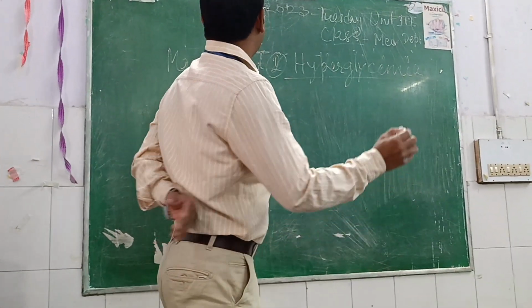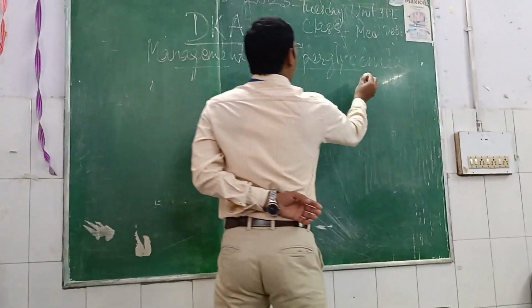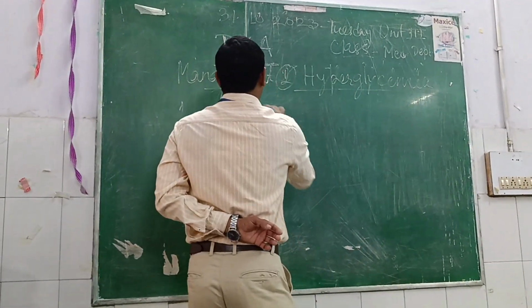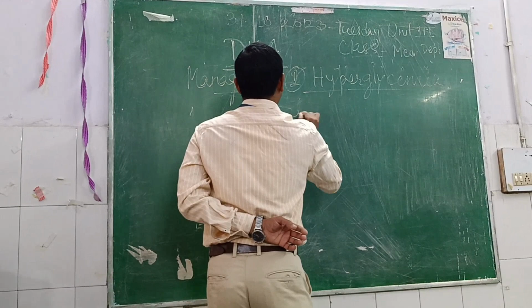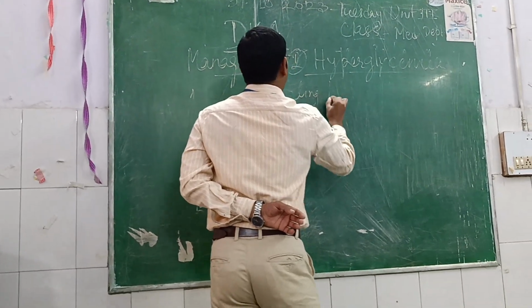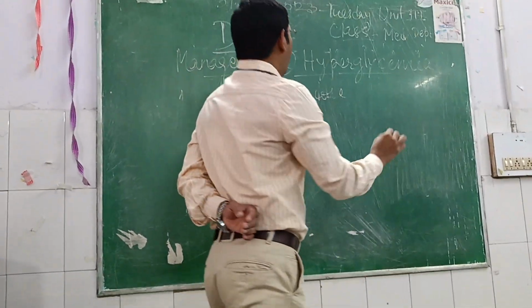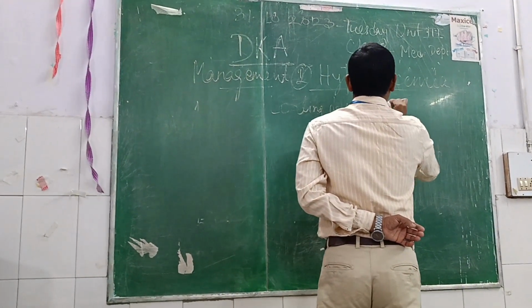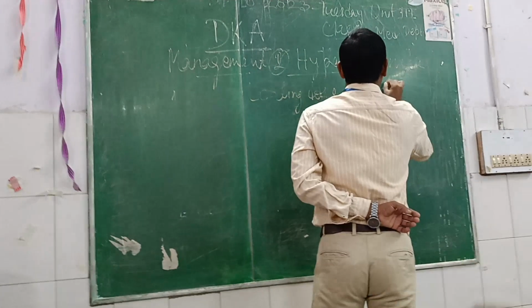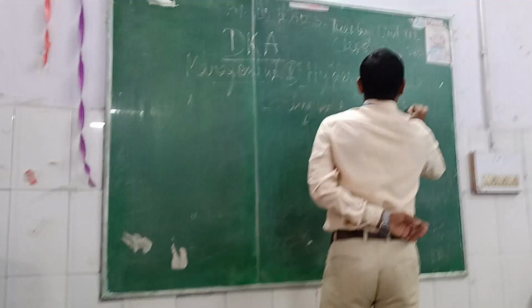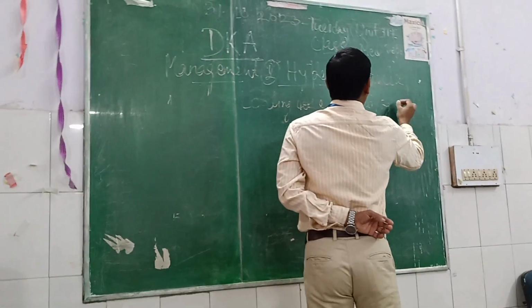So, hyperglycemia. In case of hyperglycemia, first we have to start with the loading dose. Loading dose is 0.1 unit per kg body weight.